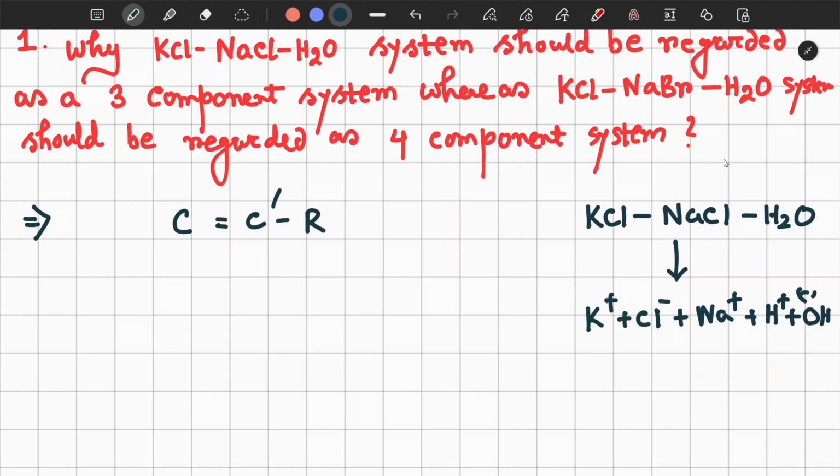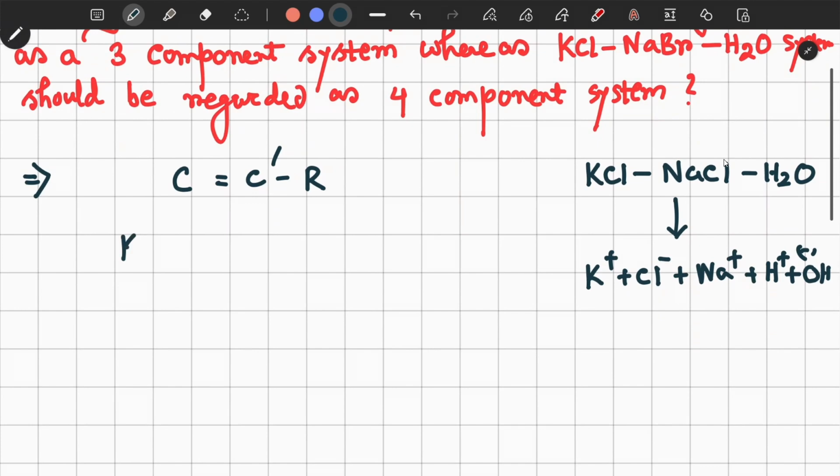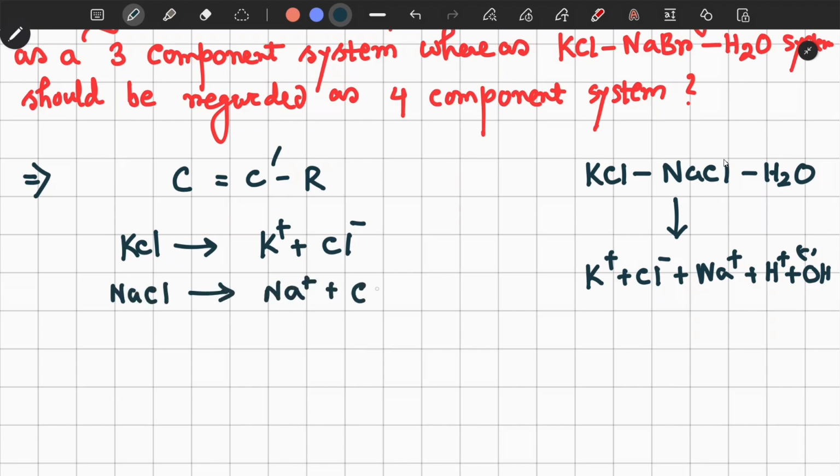No, KCl and NaCl will dissolve totally, right? KCl will because this is a salt, so it will be K plus Cl minus, and NaCl will also dissolve into Na plus Cl minus. So there is no restriction when it is not an equilibrium. When it is an equilibrium, then you can consider that as a restriction. If I know the number of K plus, then I can tell the number of Na plus.